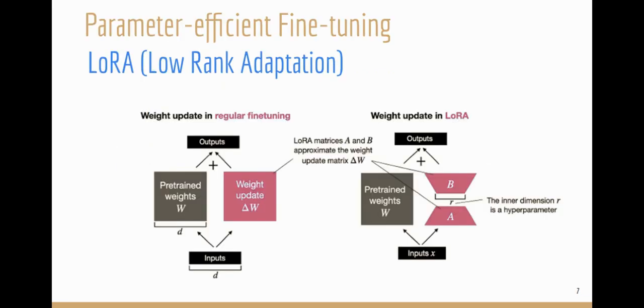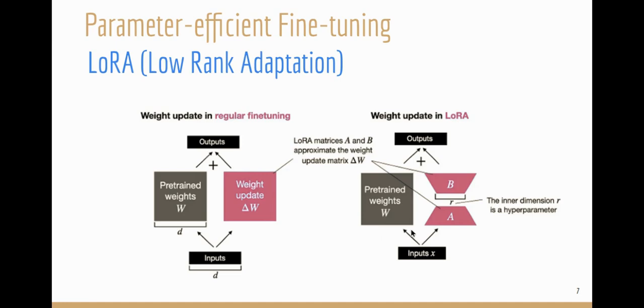I will start by presenting the first technique, which is LoRa, short for low-rank adaptation. In regular full fine-tuning, as we see here, all model parameters are updated, including attention and feed-forward layers, and they are, of course, updated based on the task.